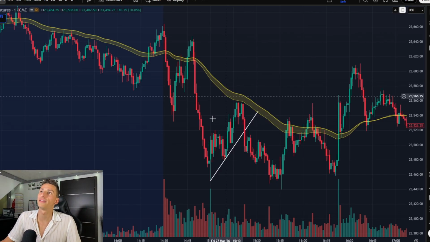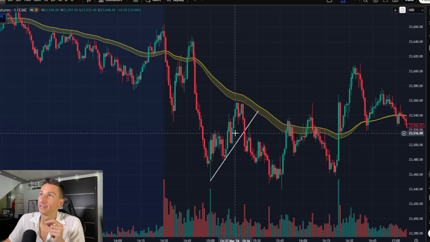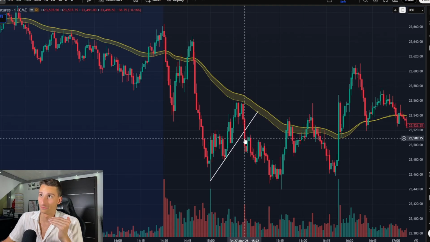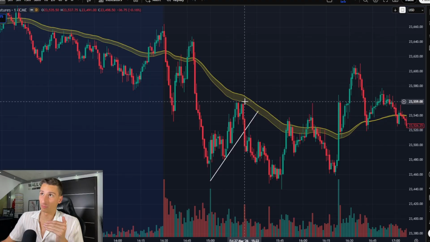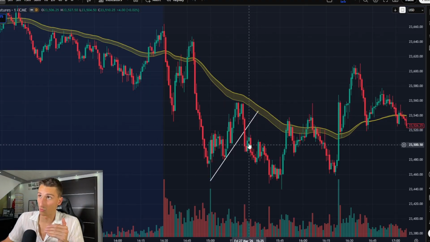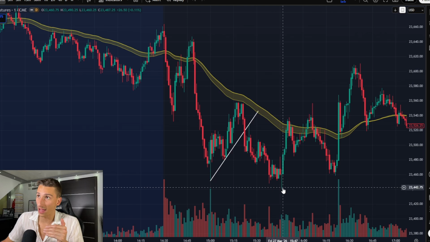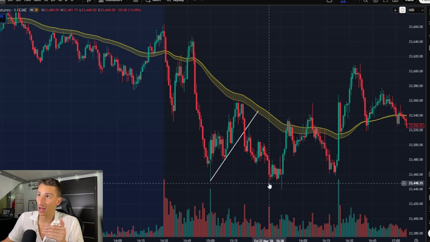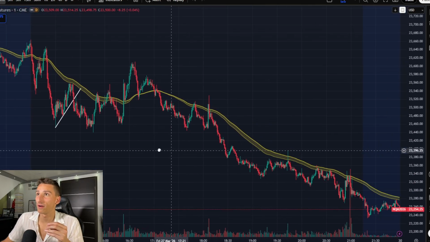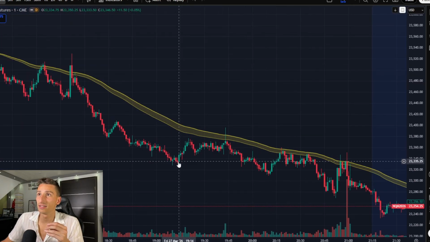This flag was a bit volatile, and at the end we broke it to the downside, and on this candle I took a short with a huge size and put my stop above my 1 minute thin lines. I held it until the previous low, and right there I hit my take profit.